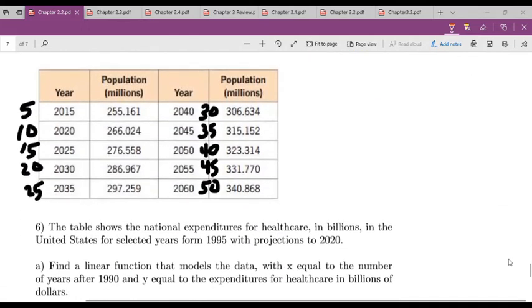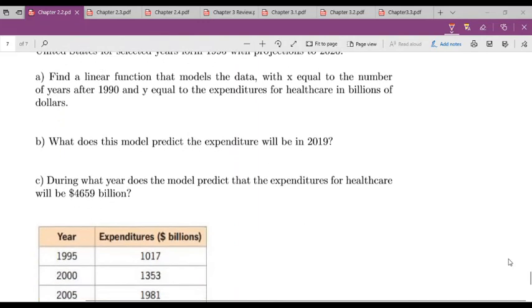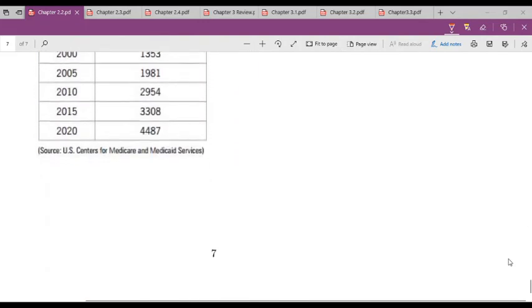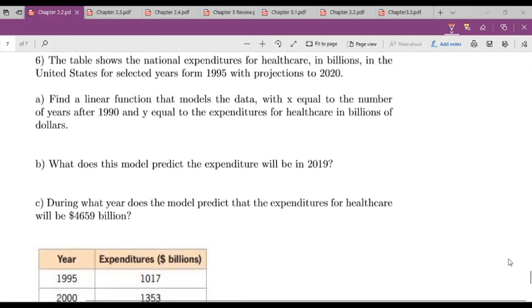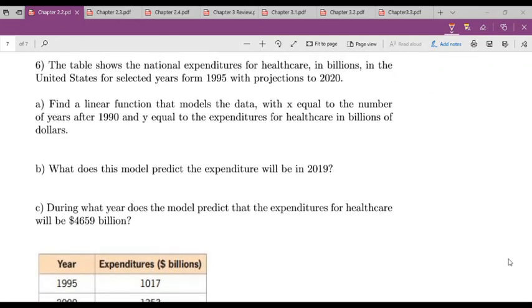Now, if we move on along, I think question 6 is the last question of this lecture. So let's look at question 6 here. Question 6 says the table shows the national expenditures for healthcare in billions in the United States for selected years from 1995 with projections to 2020.